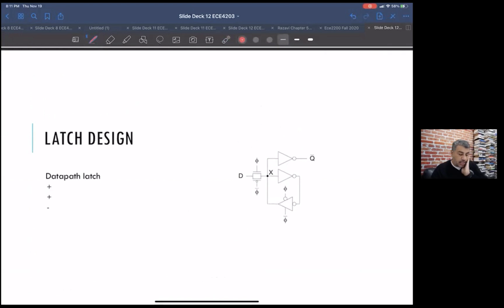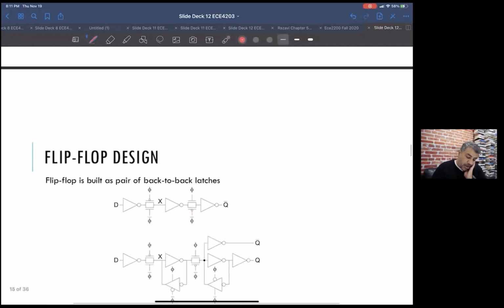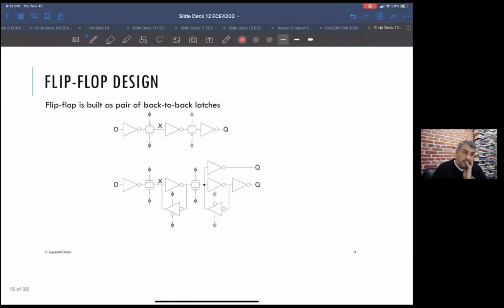My explanation of the flip-flop is actually pretty involved, and the flip-flop is a lot more important for you to understand, because my recommendation 99 times out of 100 is to use a flip-flop and not a latch.